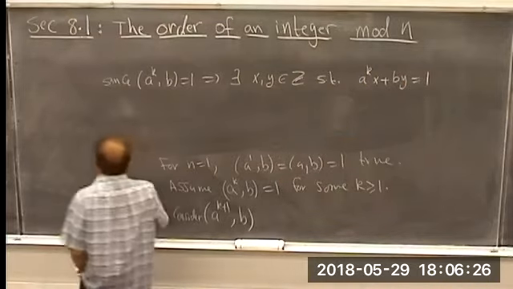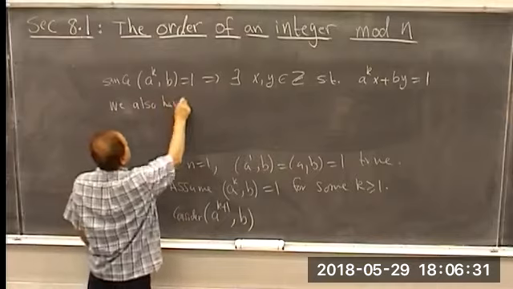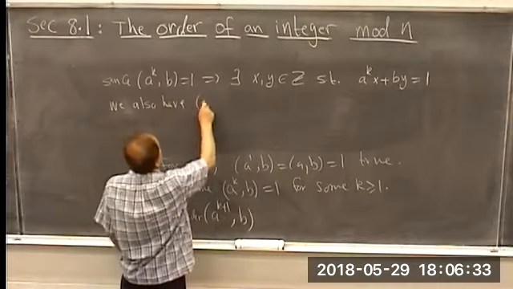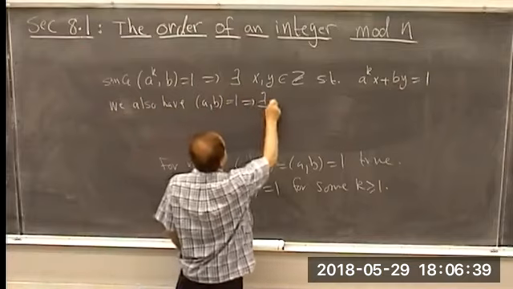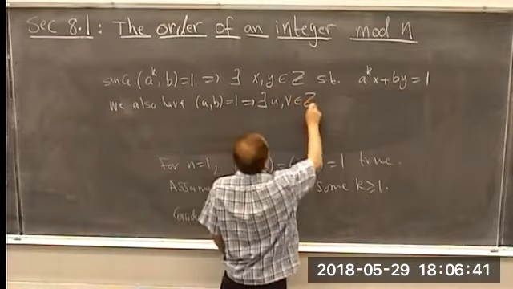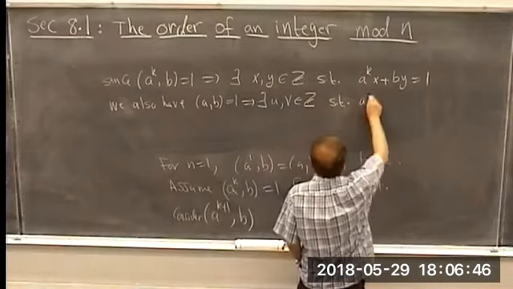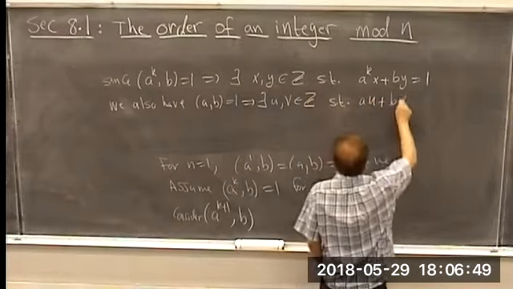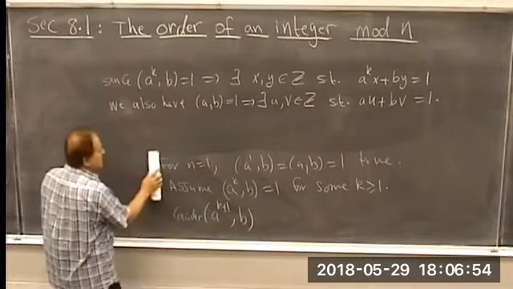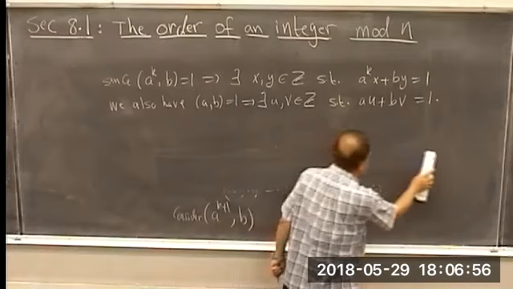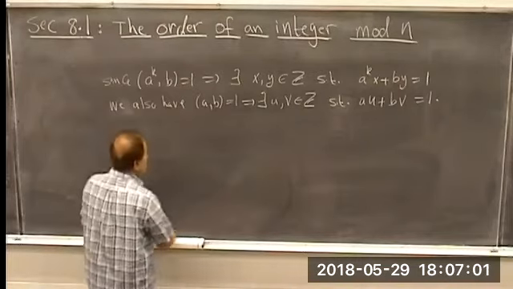We also have the greatest common divisor of A and B equal to 1. This implies there exist u and v in Z such that A u plus B v equals 1. Now we're going to multiply these two identities, and then we're going to see that A to the k plus 1 is going to appear in the combination.